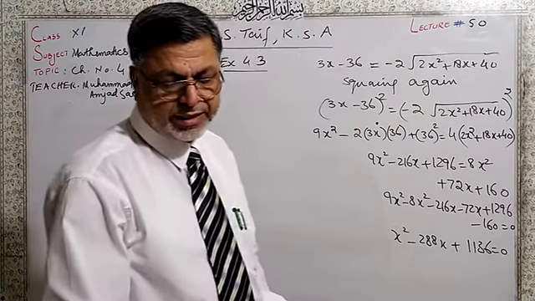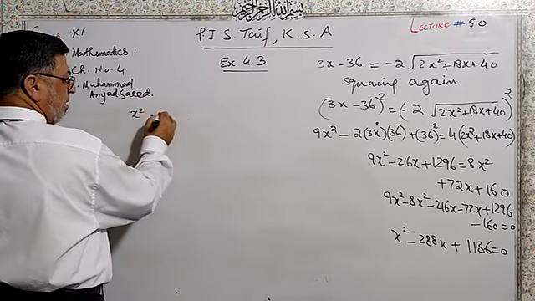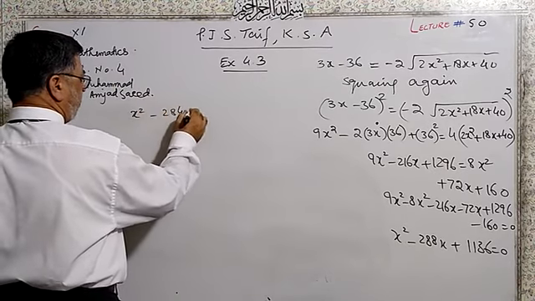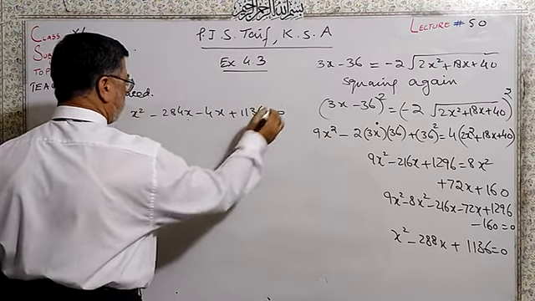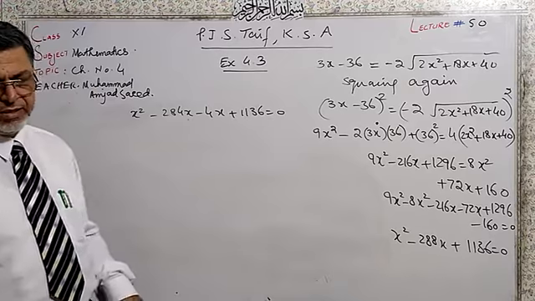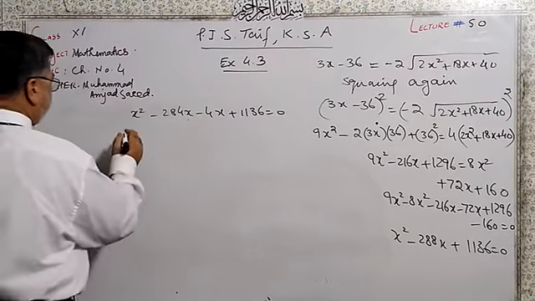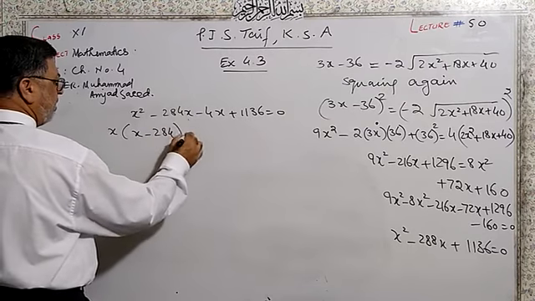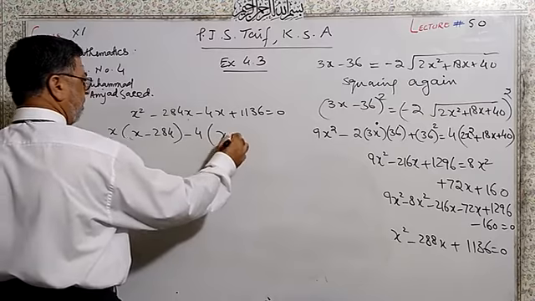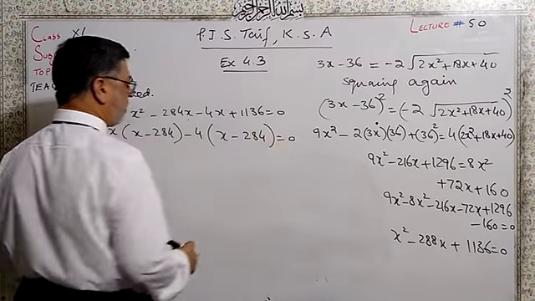Now we are having x square minus 284x minus 4x plus 1136 is equal to 0. We will take x common: x into x minus 284, minus 4 common, x minus 284, that is equal to 0.